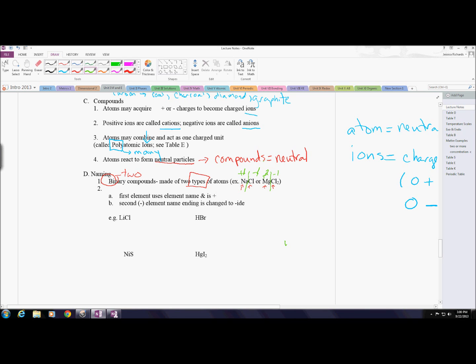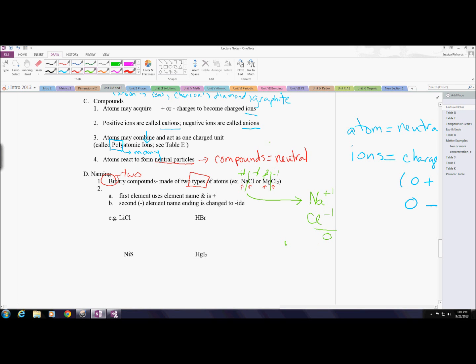Okay, and I said up there that compounds were going to end up with a neutral charge. If we look at the total compound, let's look at sodium chloride over here to the side. I have one sodium that has a charge of +1, and I have one chlorine that has a charge of -1. If I add the charges together, +1 and -1, that gives me a total charge of 0.